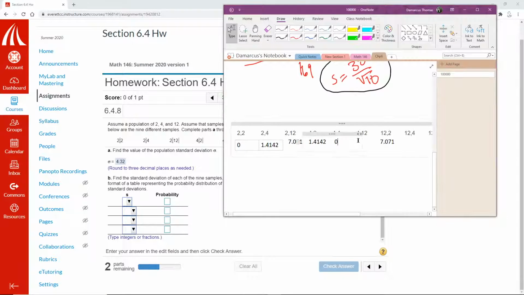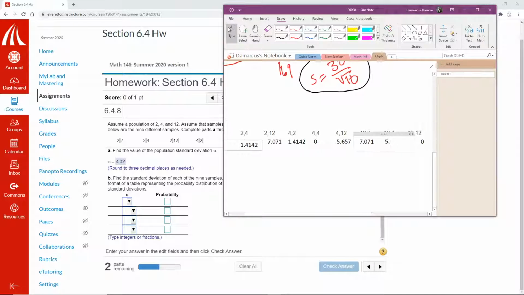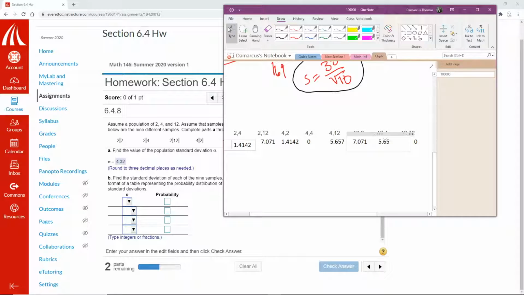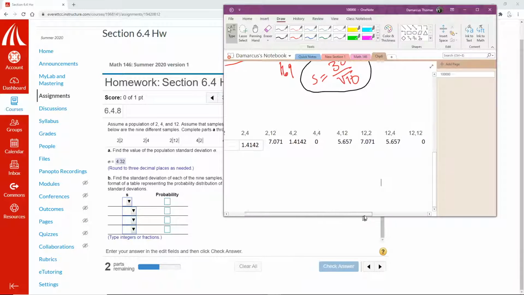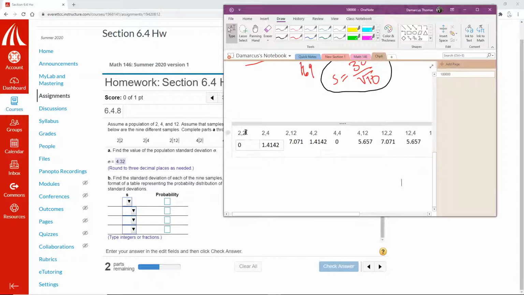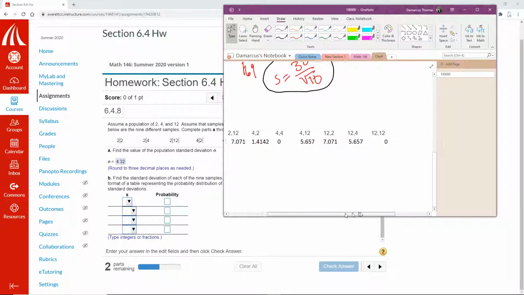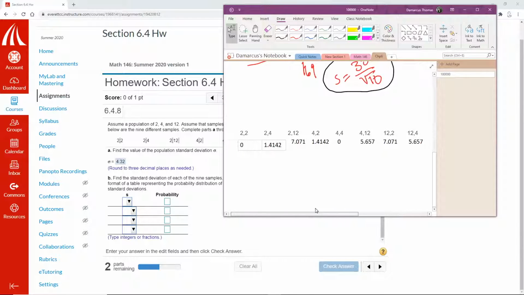I'll just say 5.657, and over here 5.657 there. All right. Now, what do they want me to do from here? Once I've found the standard deviation of everyone, I need to simply calculate the probability of getting each one. Like, what's the probability of getting a 0?